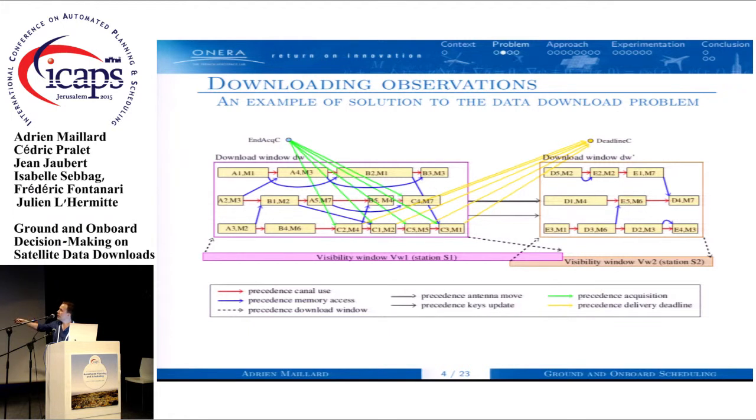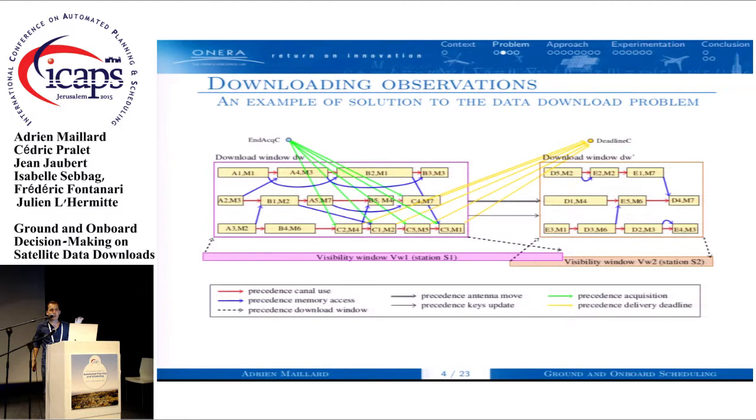And what you see here, this rectangle, is what we call the download window. So it's the time during which communication is effectively happening. So this is the download window 1 on station 1 and the second. And here it's a file download.